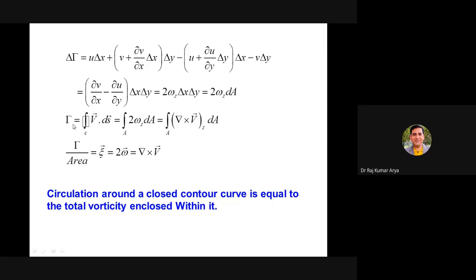So remember that the circulation per unit area is equal to the vorticity, which is also equal to two times the angular velocity, right? That is the thing to be remembered.